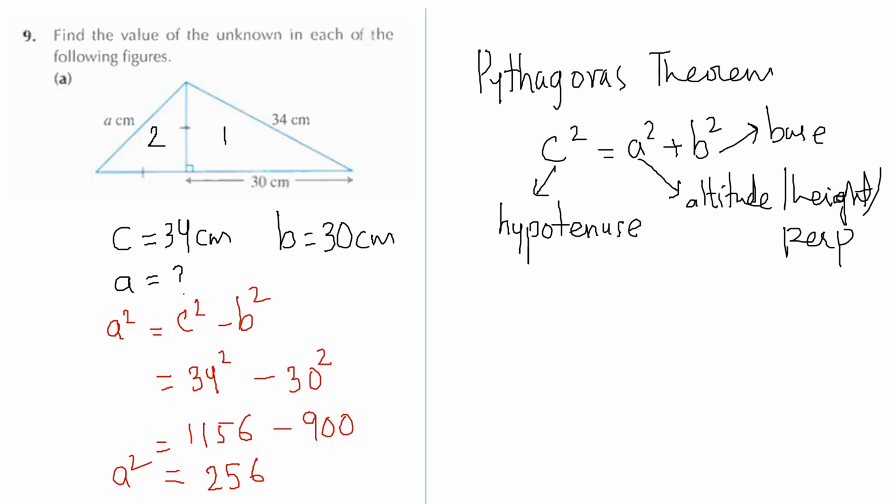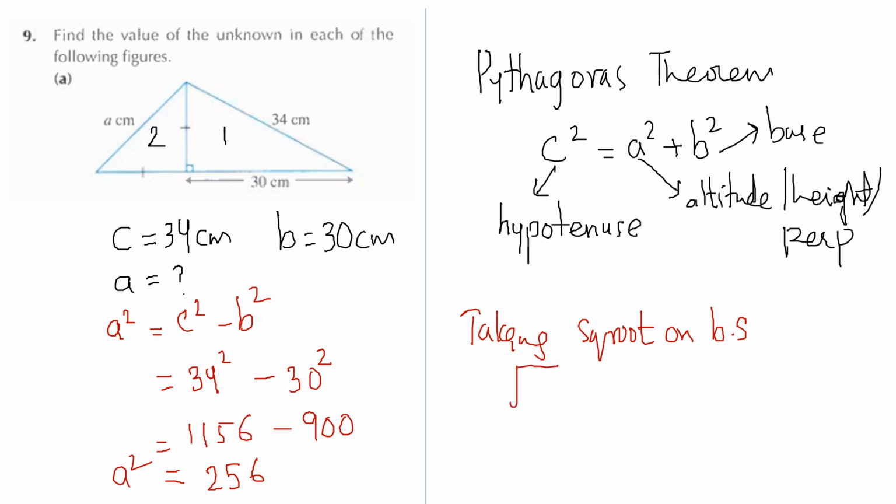Now firstly you must know how to remove this square. You can remove this square by taking a square root. So let's take the square root on both sides.